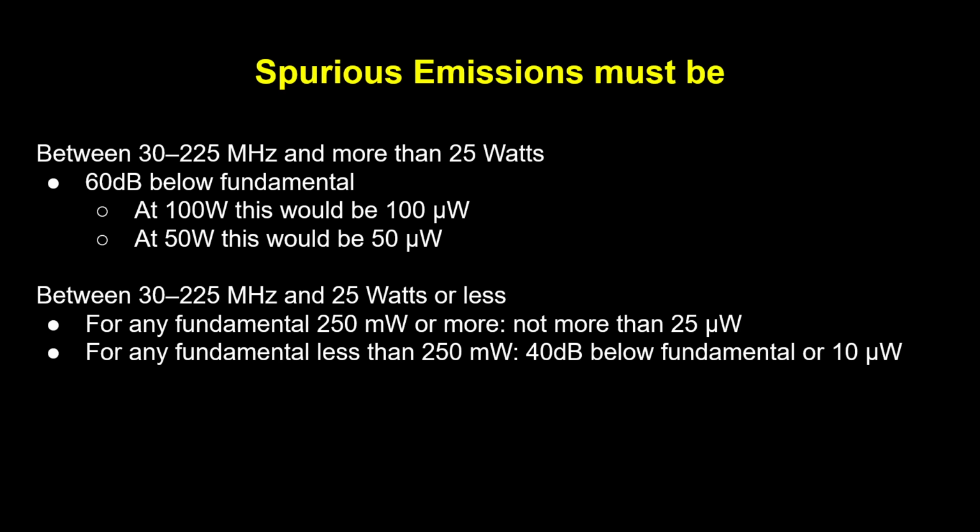If you run 25 watts or less, then for any signal that's 250 milliwatts or more, your spurious emission cannot be more than 25 microwatts. And for any signal less than 250 milliwatts, it needs to be 40 dB below the fundamental or 10 microwatts. Once it's below 10 microwatts, you don't have to worry about it anymore.